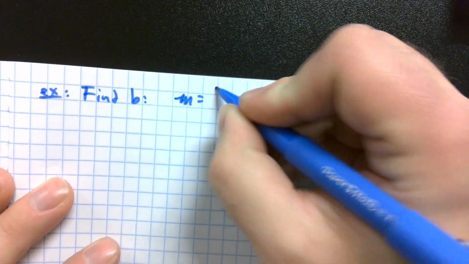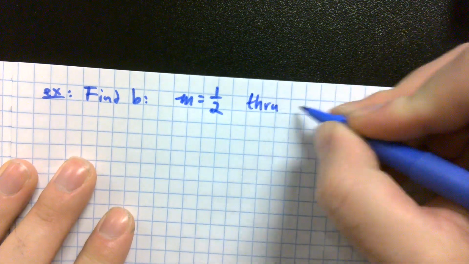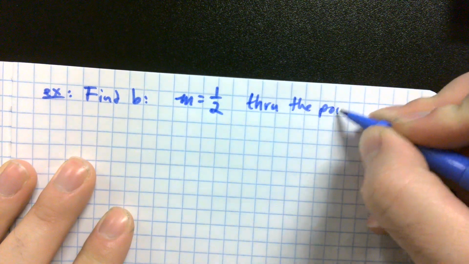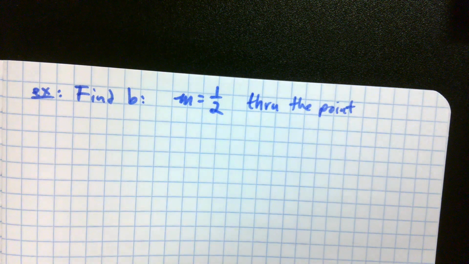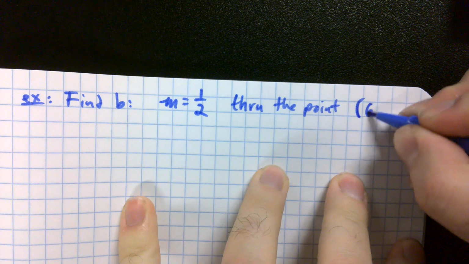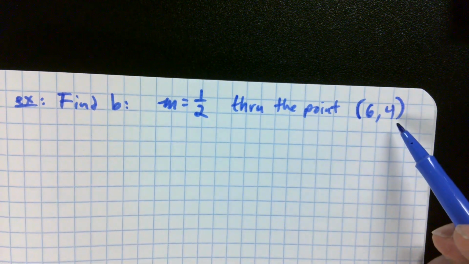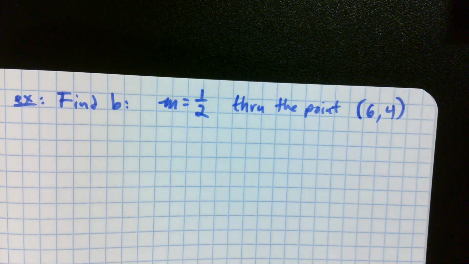We're going to find b when m is equal to 1/2, and we're going through the point 6 comma 4. Does that make sense? Wait a minute. Y minus mx, 4 minus.